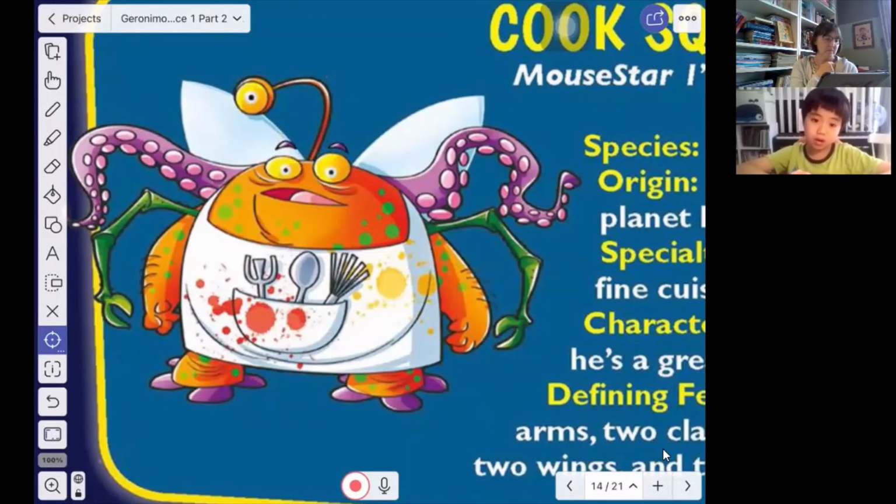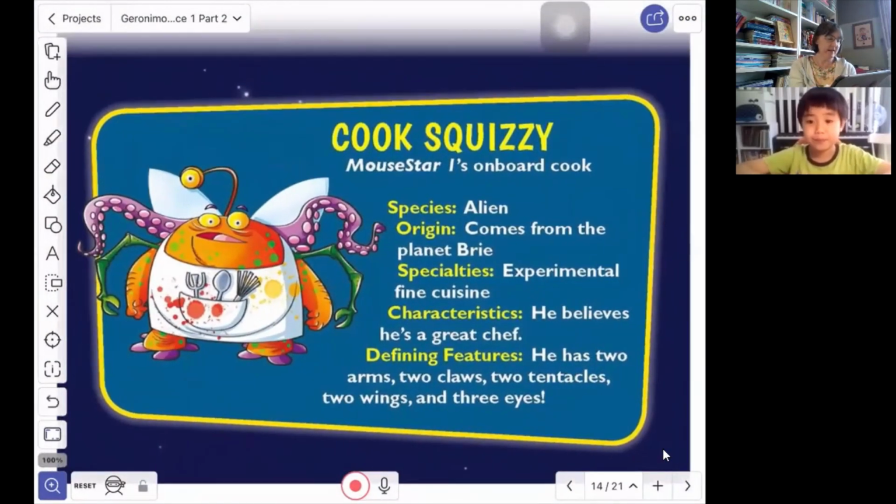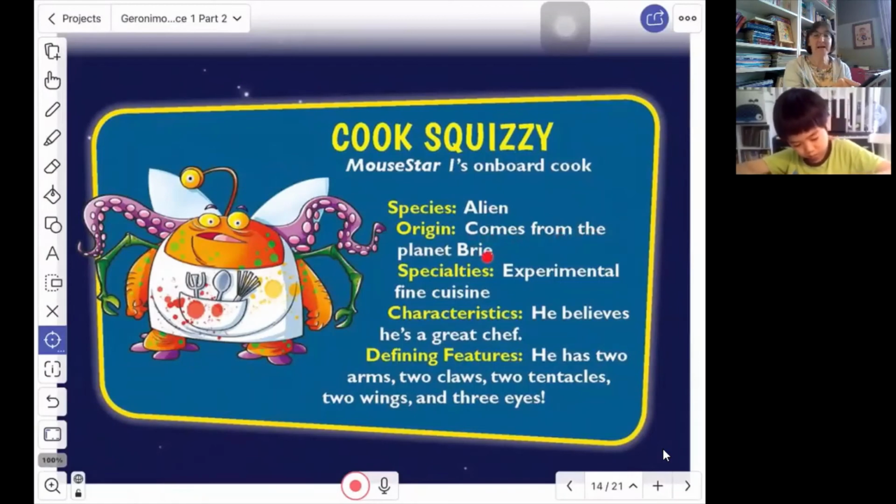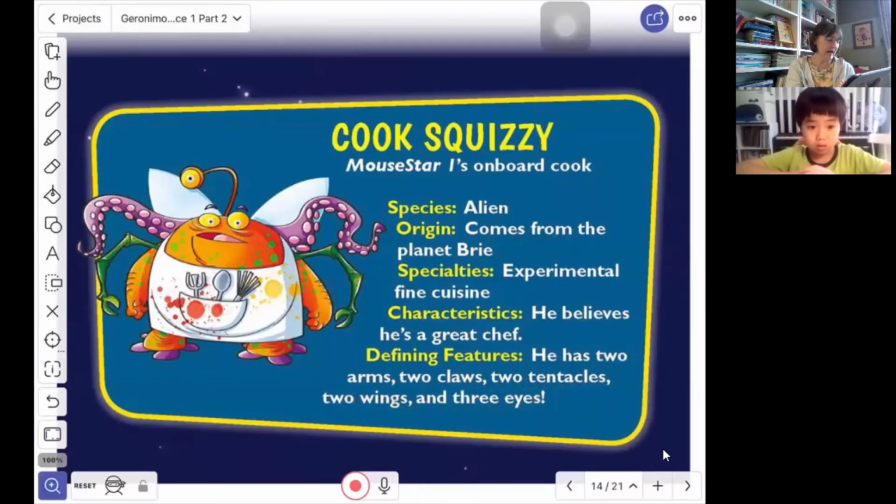He didn't have one. So what does it say? Well, he's an alien. He comes from the planet Brie. That's actually a name of a cheese. His specialty is experimental cuisine, which means trying out new things that no one else has ever tried before. He believes he's a great chef. He has 2 arms, 2 claws, 2 tentacles, 2 wings, and 3 eyes.